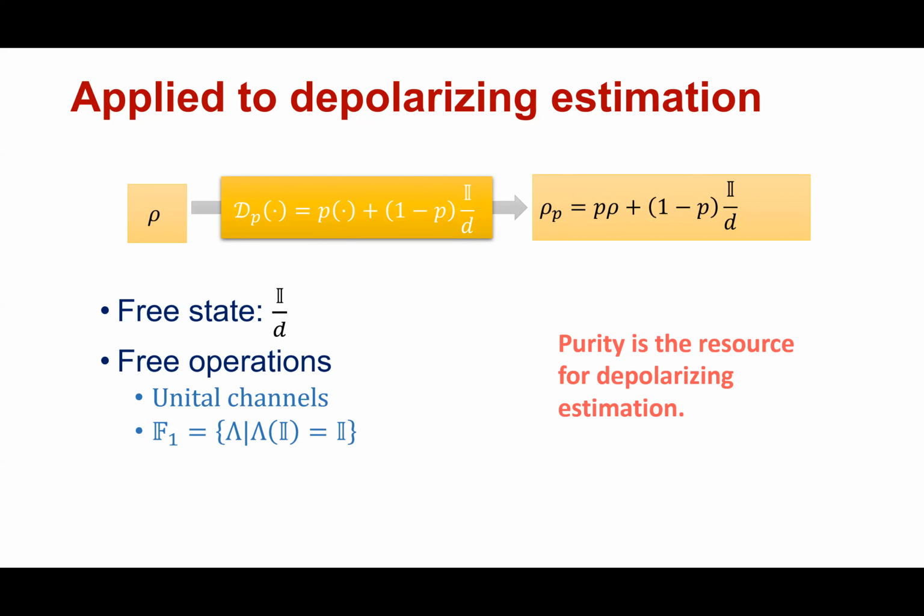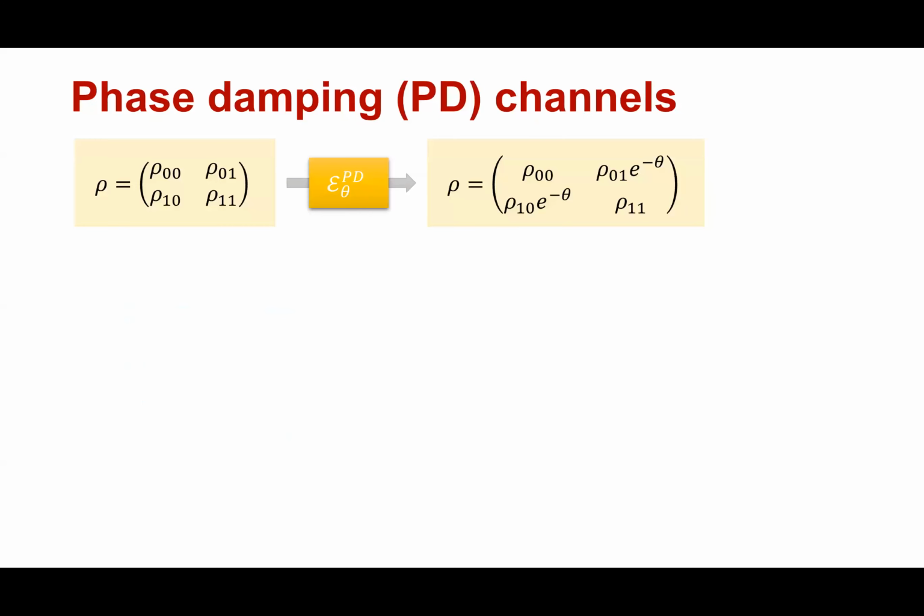So far, so good. So we want to apply this to dephasing channels. A quantum dephasing channel can be defined as this. On a qubit, it can be defined as this. And theta is the dephasing rate, which is the parameter we want to estimate.